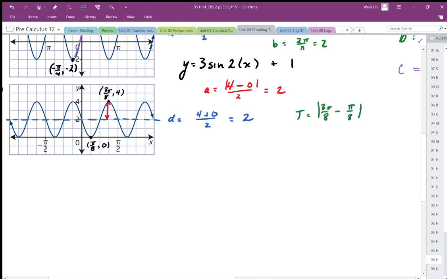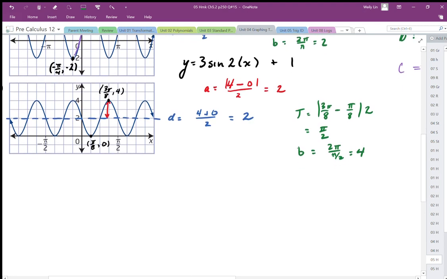That's the distance, and then we're going to double that distance, so we end up with 2 pi over 8 times 2, so that's pi over 4 times 2, or a T value of pi over 2. That means our b value is 2 pi over pi over 2, so we get a b value of 4. Okay, so we got a horizontal compression of 4.